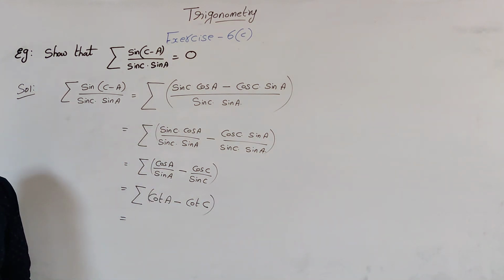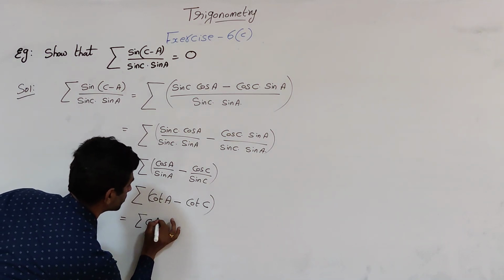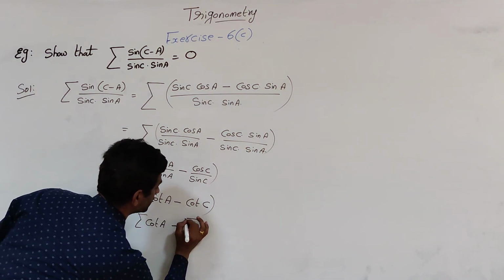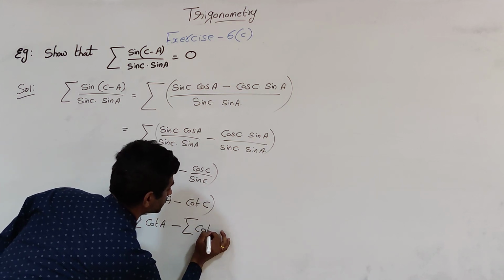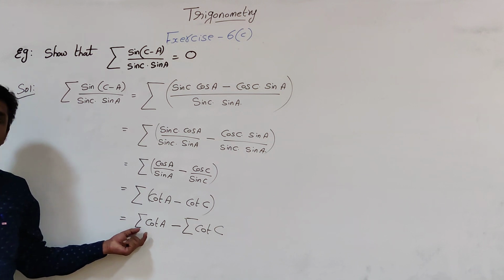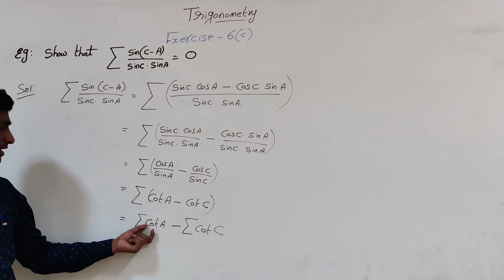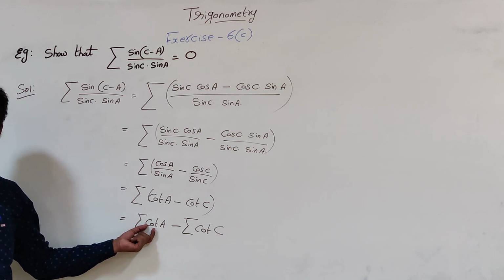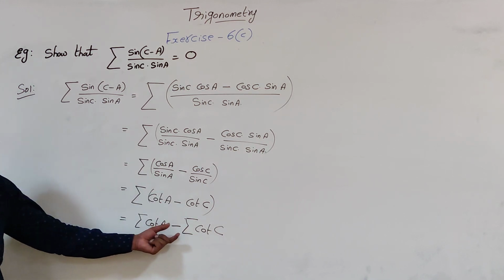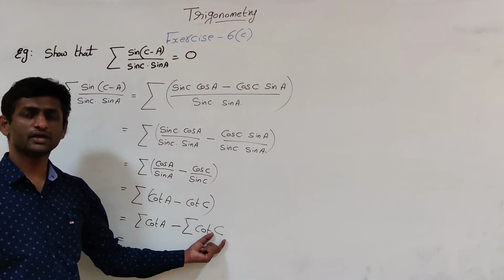Now we can separate them: summation cot a minus summation cot c. If we remove the sigma notation, it will be the sum of 3 terms. What will be the 3 terms? First is cot a, next cot b, cot c. Coming to this, first is cot c, cot a and cot b.